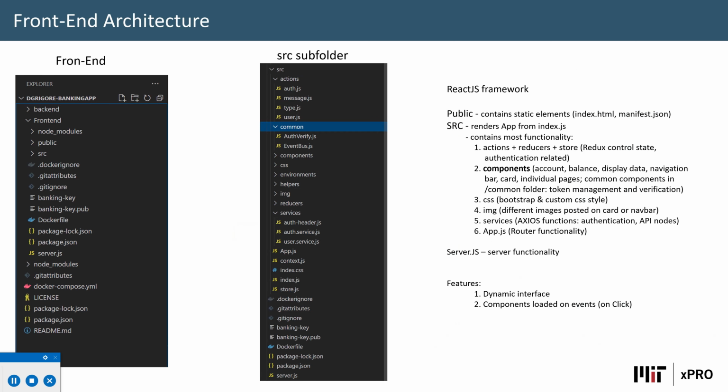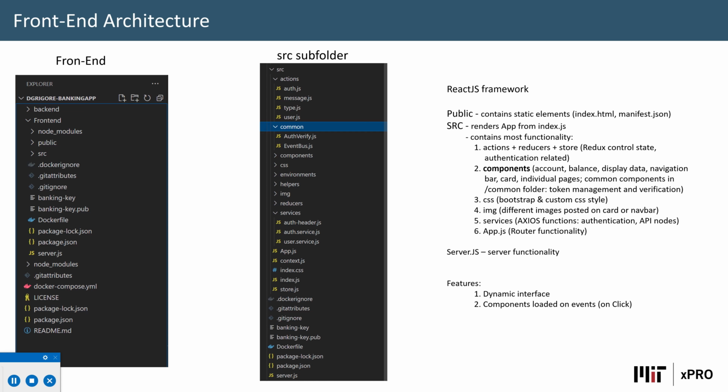As you can see on the screen, the code for this is contained in a front-end folder with a rather complex architecture. The public subfolder contains the static elements, while the src one renders the app from the index.js file. This is the folder which contains the main functionality of a front-end: control of state, the main components such as accounts, balance, data display, navbar, card definition, also token management and verification.